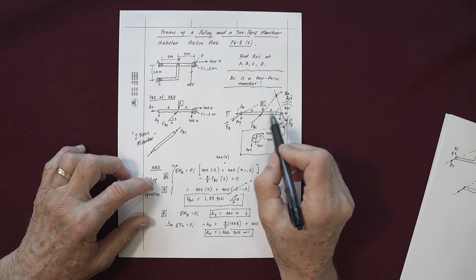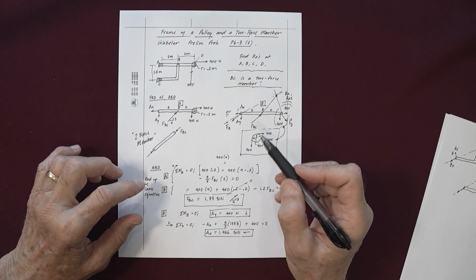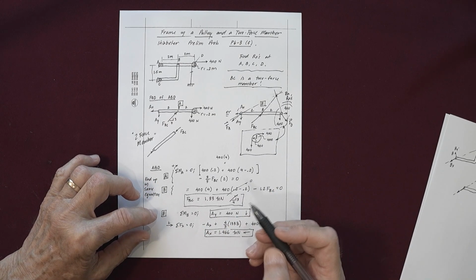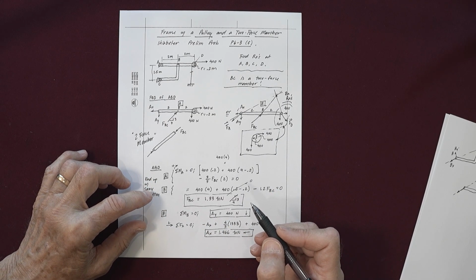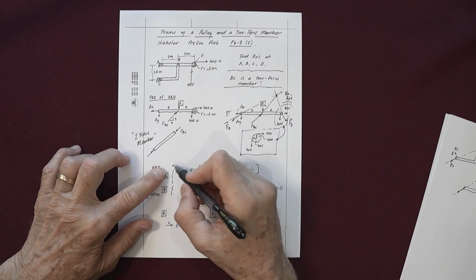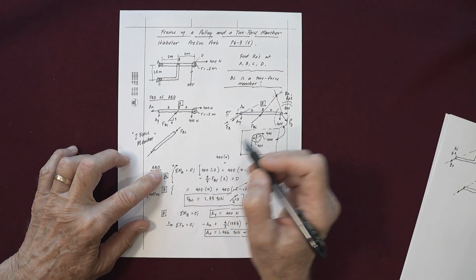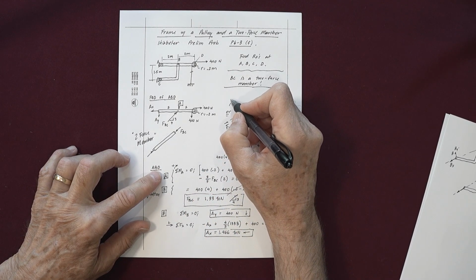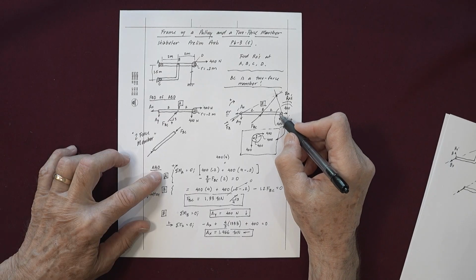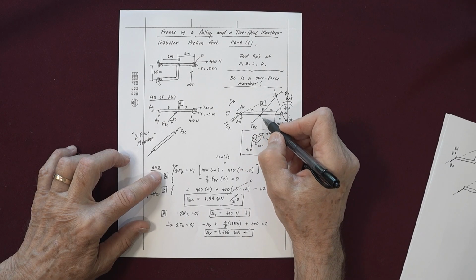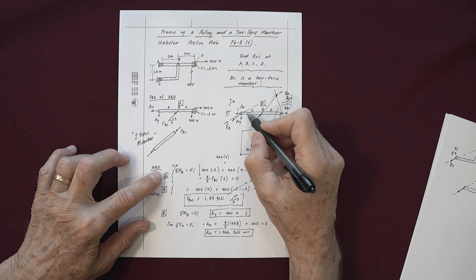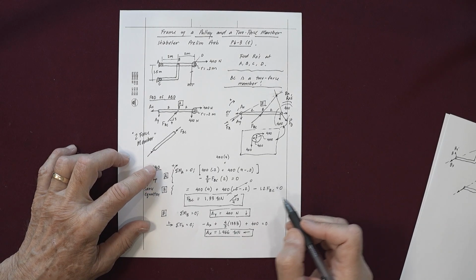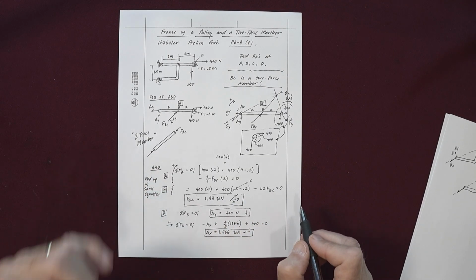When we go to this guy and take the moments about A, if we take clockwise to be positive, like we did here, then we have 400 times 4 minus 3/5 of FBC times 2. And so we end up with the same equation.